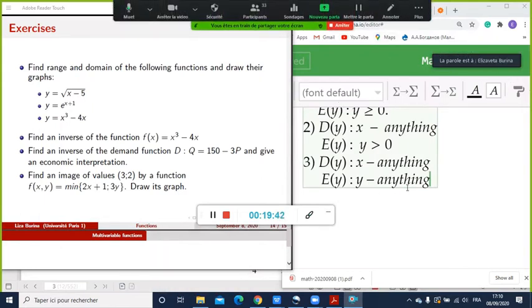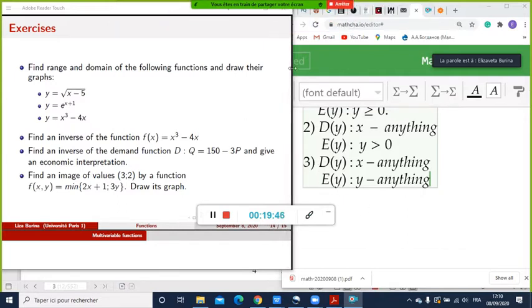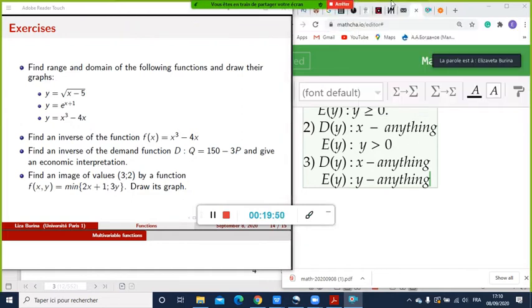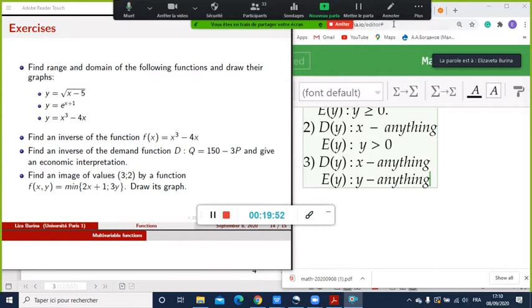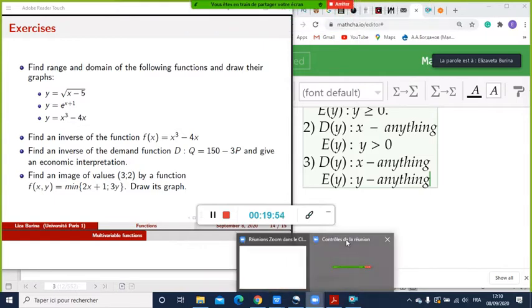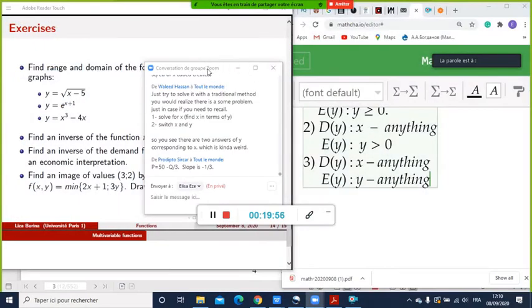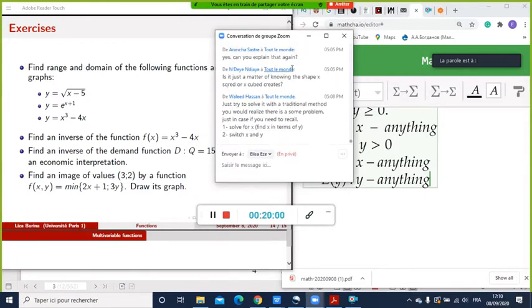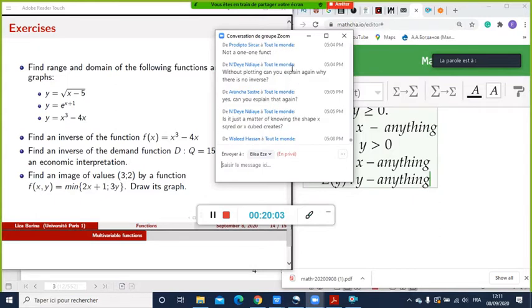Okay, so let's check. Find an inverse of the demand function. Again, I encourage you to use the conversation. I'm so sorry. I haven't checked the conversation in a while.